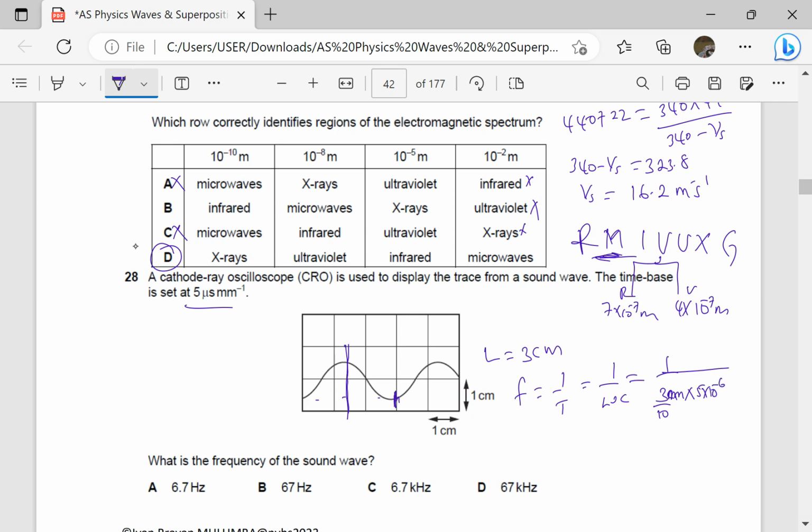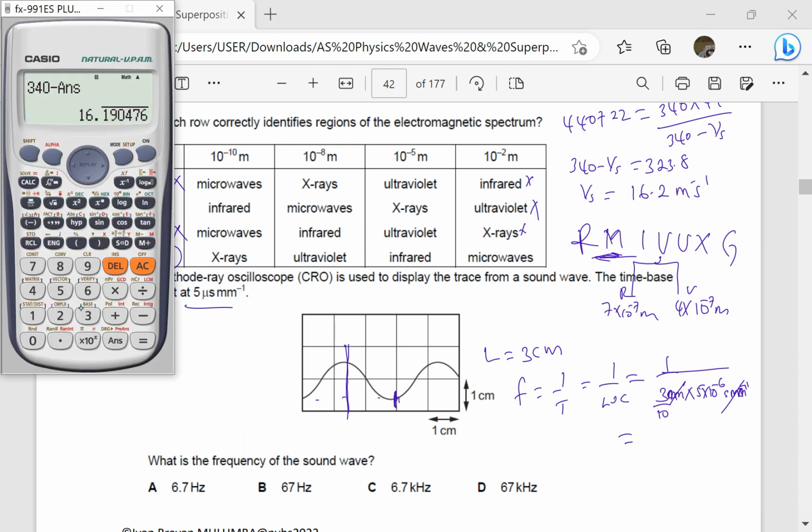So it is now in seconds per millimeter, so per millimeter is cancelled already. So now I have 1 divided by 0.3 times 5 exponent negative 6, which is 6.7 or 67.